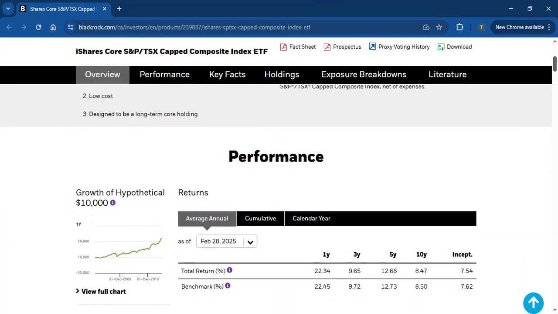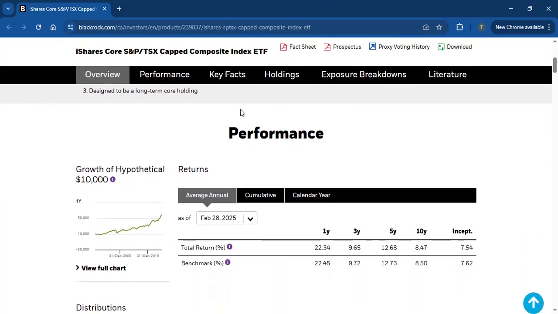So the performance is here. This performance is mostly hypothetical and it shows exponential upward movement and average annual growth. It shows that over time this ETF moves upward.